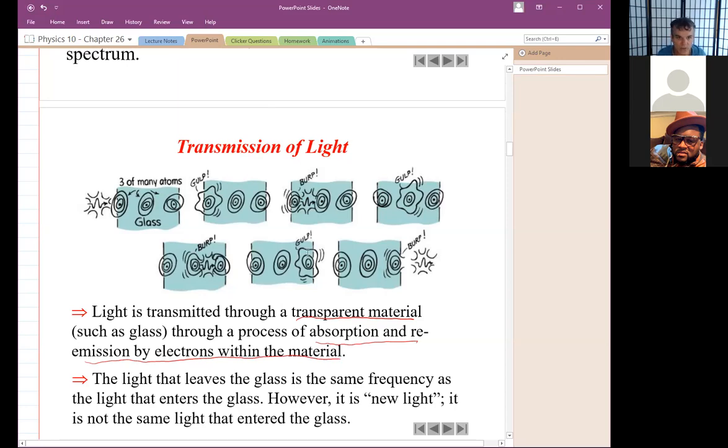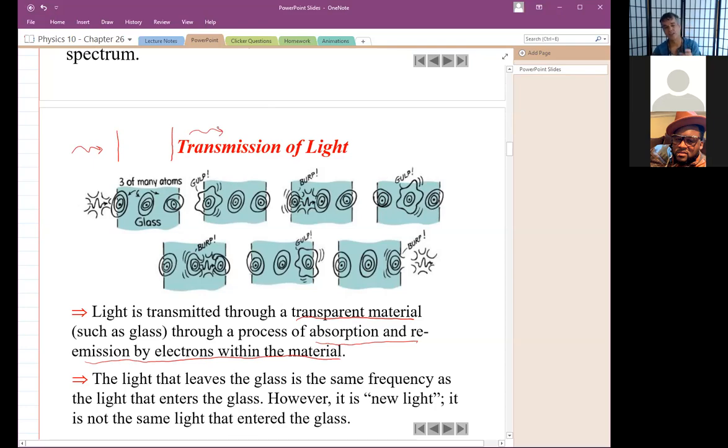So you've got light coming in, and let's say this is a pane of glass, and that light is going to pass through the glass and get to the other side. What is that process?